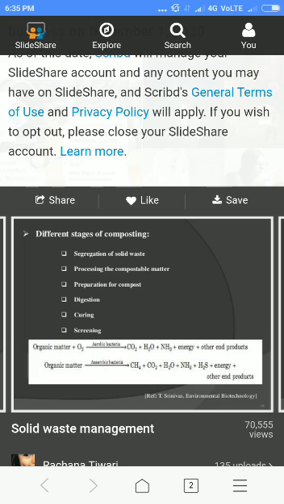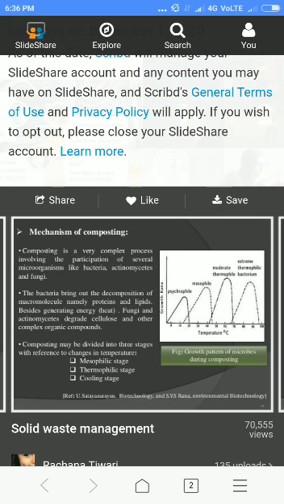Different strategies of composting include segregation of solid waste, processing of compostable matter, preparation for compost, then digestion, curing, and the screening. Now, what is the mechanism of this composting?